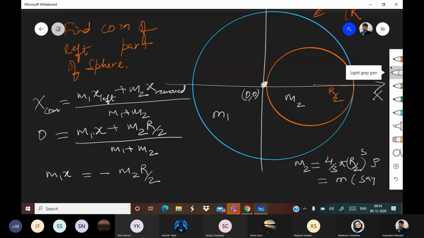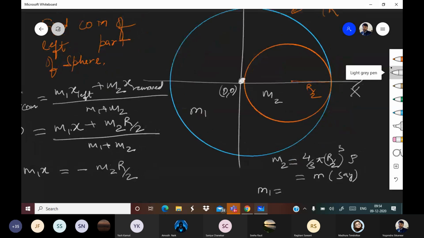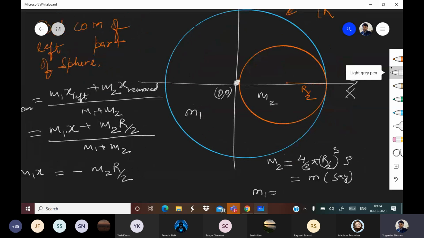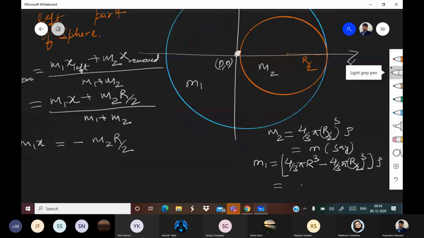Now m1 will be the volume of the total one minus 4 by 3 into pi into r by 2 cube into rho. So that comes out to be 7m.